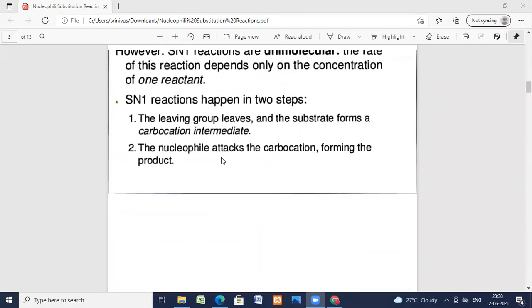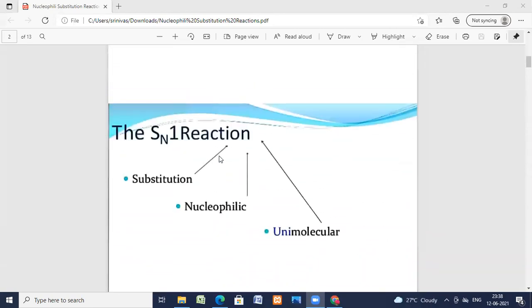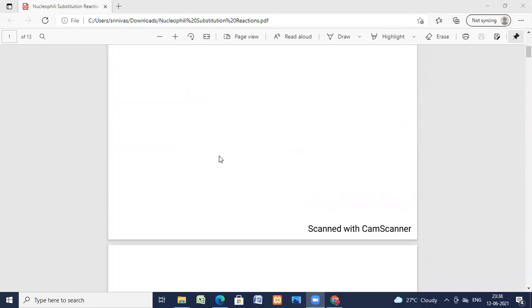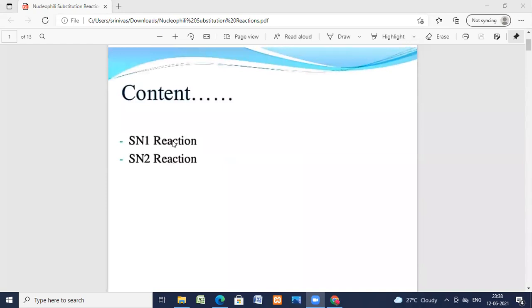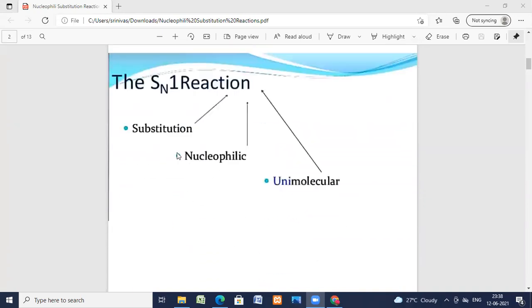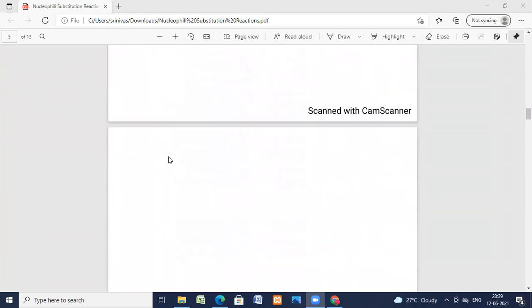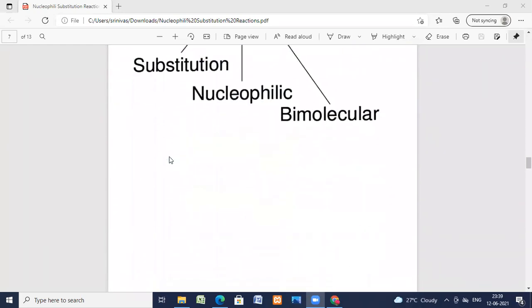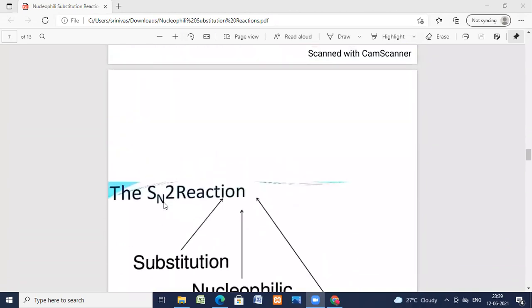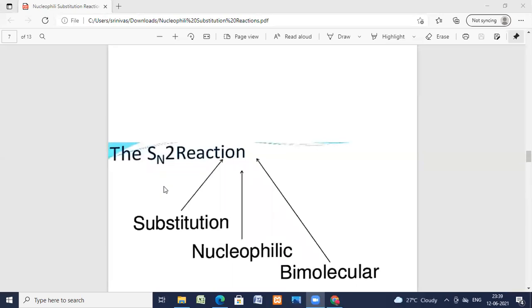As we have seen, the differences are: SN2 is a bimolecular reaction, and SN1 is a unimolecular reaction.